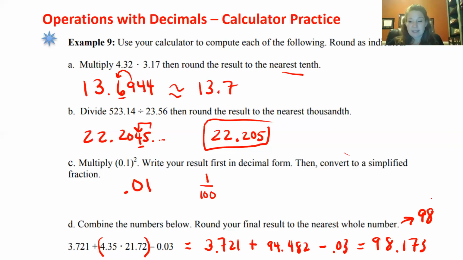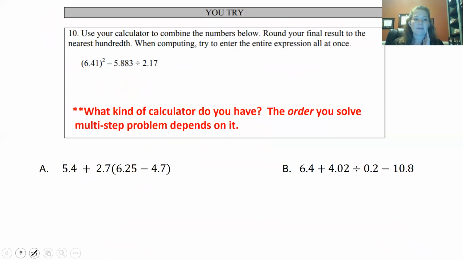I didn't have to do anything fancy in it. And so what kind of calculator you use makes a difference. You have to know if it's a scientific calculator, if it has parentheses in it. See my parentheses? It's always going to perform order of operation without me forcing it to.